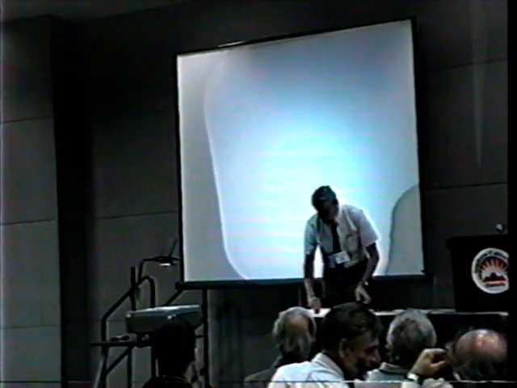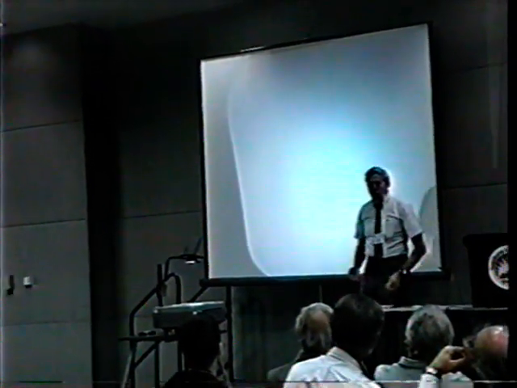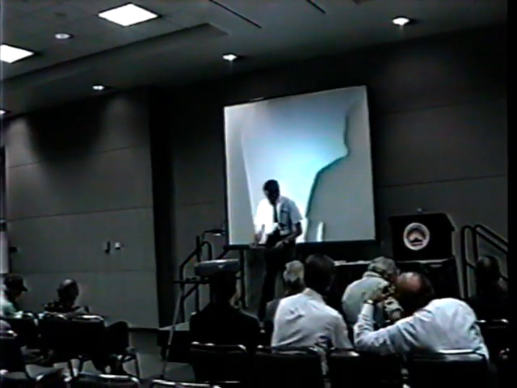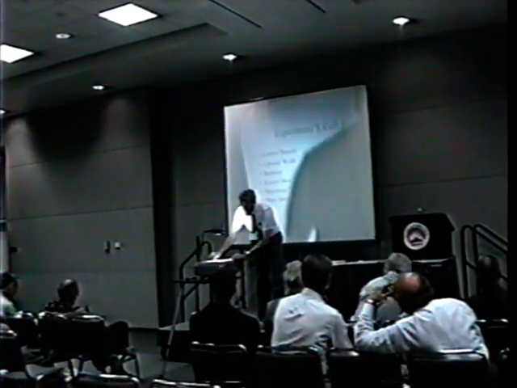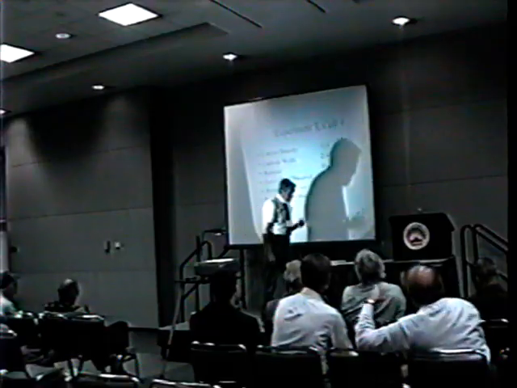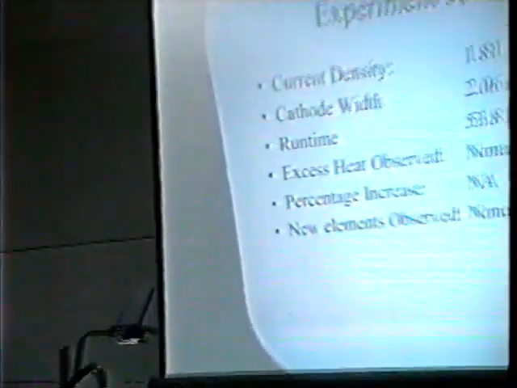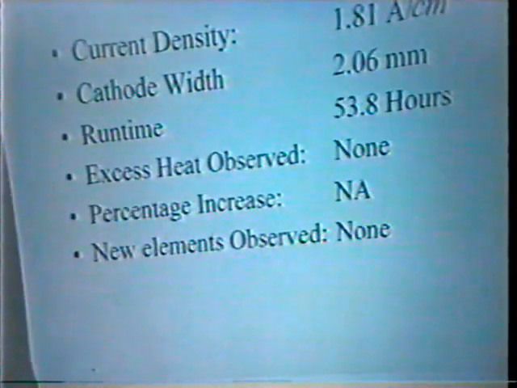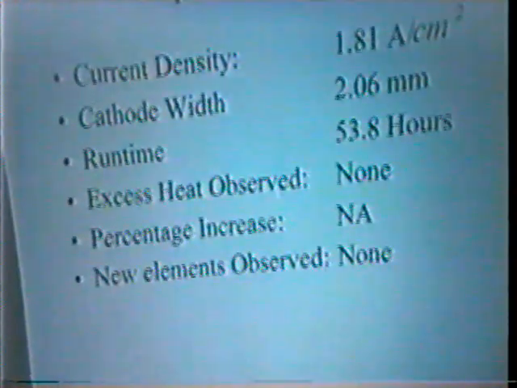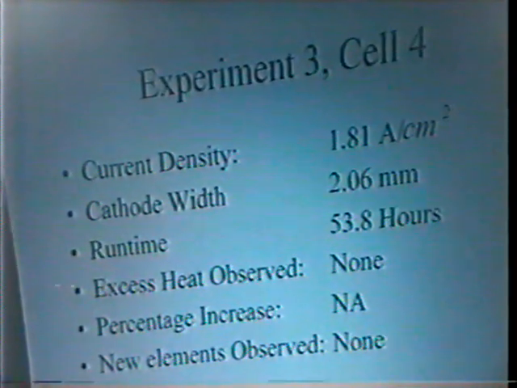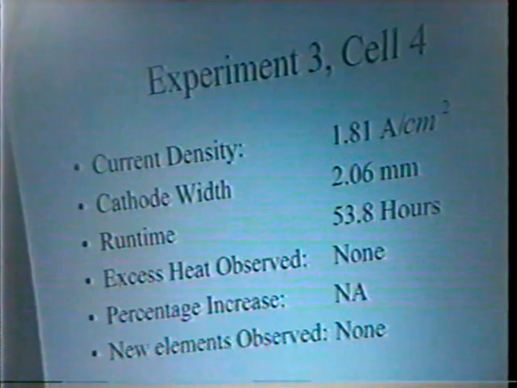Okay, cell 4 in this experiment was supposed to be exactly the same, as well as we could make it. But it gave no excess heat and no new elements.